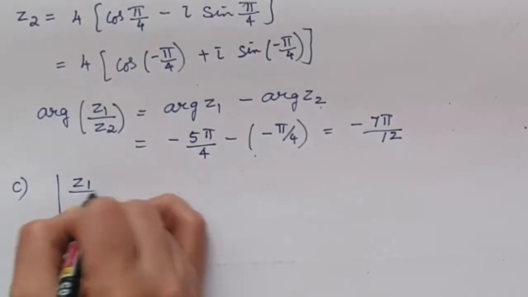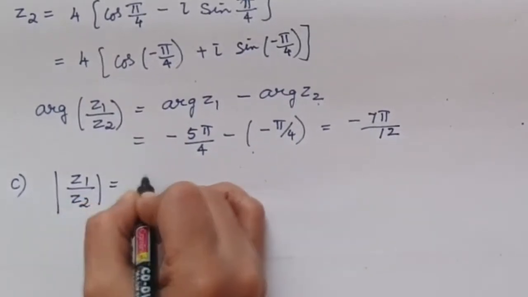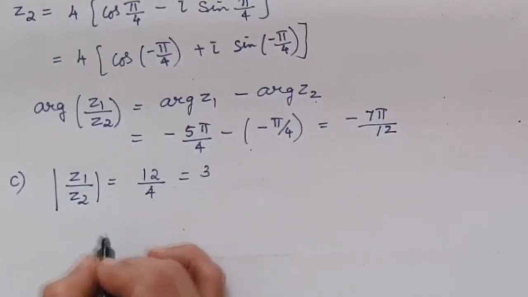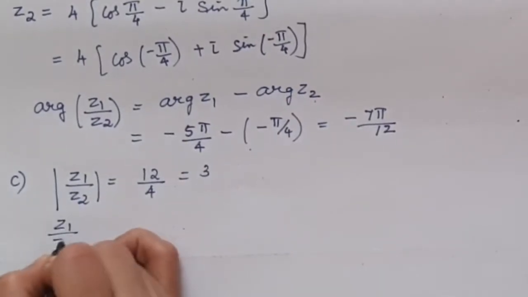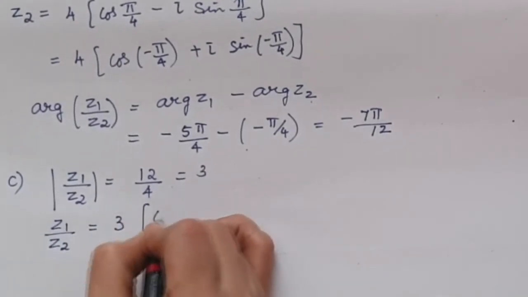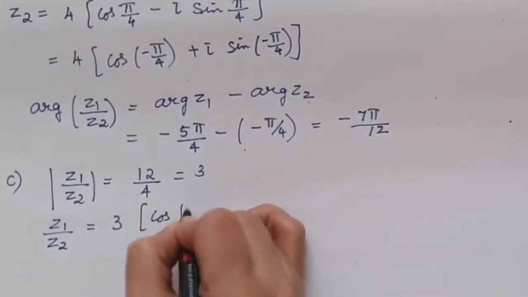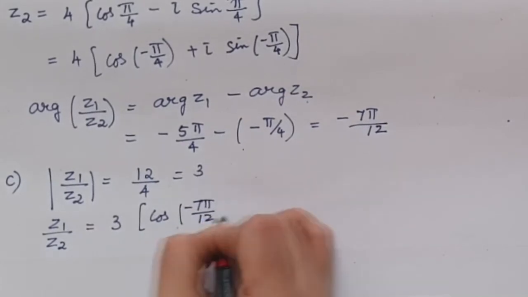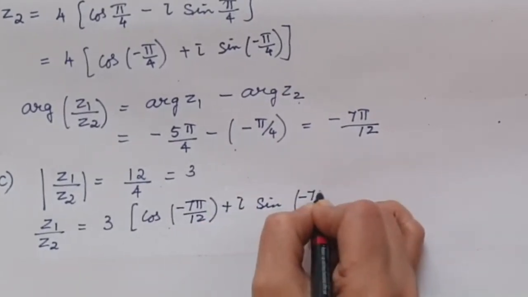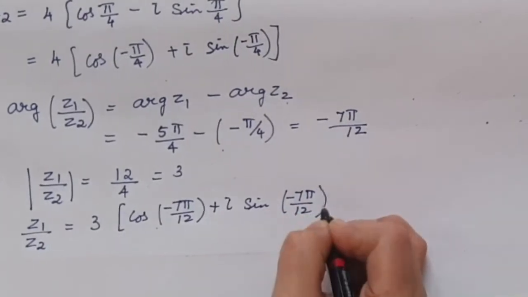Now modulus of z1 over z2 will be equal to 12 over 4, so that will be equal to 3. So now our complex number z1 over z2 can be written as 3 into cos of minus 7 pi over 12 plus I sin minus 7 pi over 12.